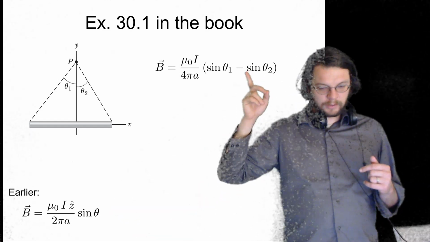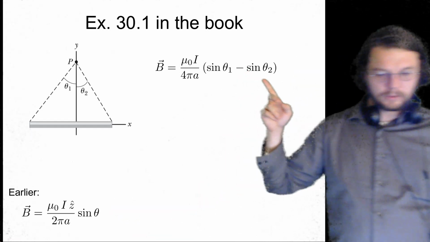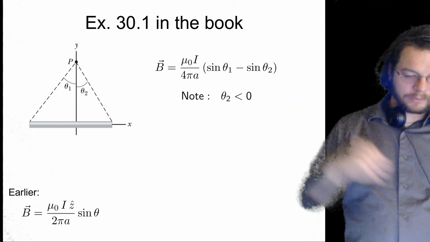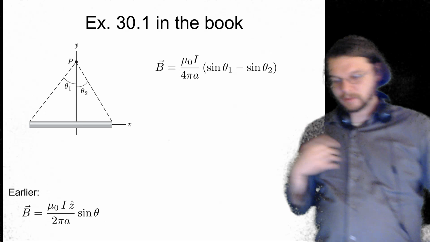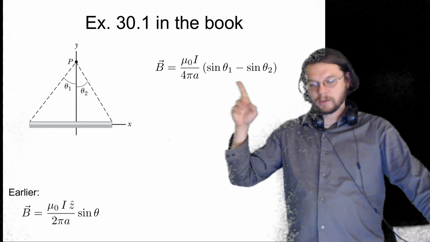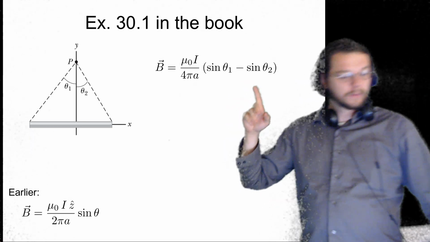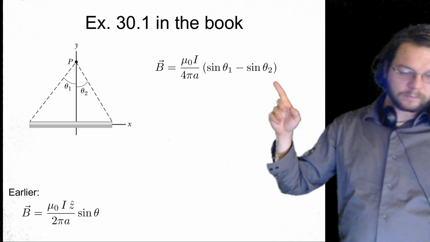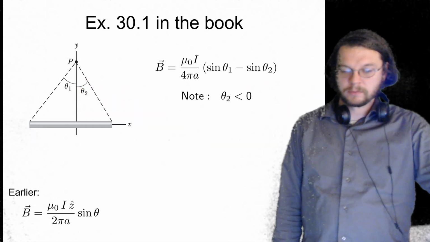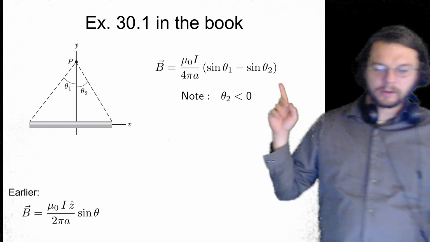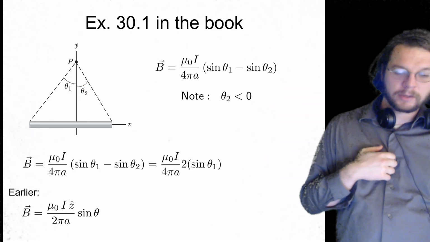To me, the annoying thing about this result is that one of these angles has to be negative, and it's not obvious that it would be negative. If I was deriving this, I would say sine theta 1 plus sine theta 2, so that both these angles could be positive, because in the diagram they certainly look very positive. But actually they are defining one of these angles to be negative.